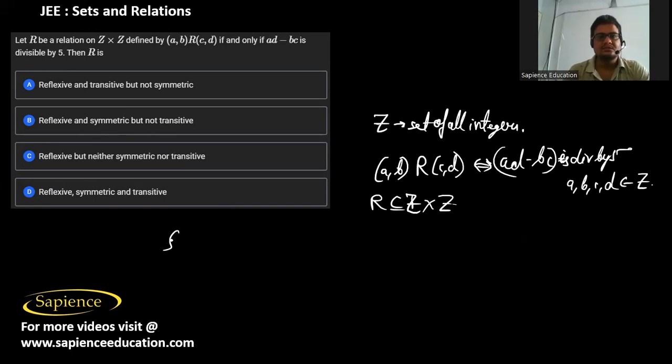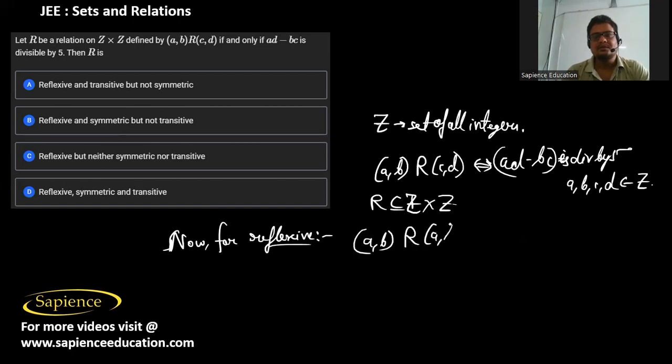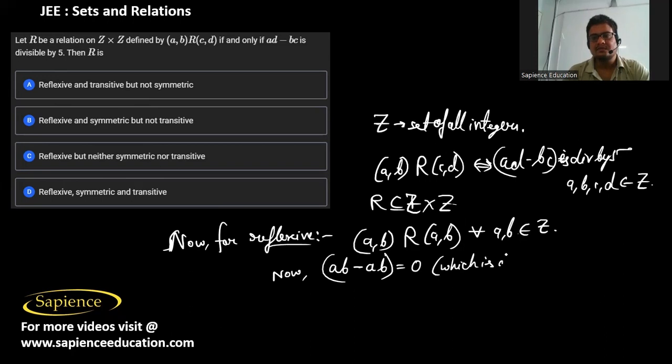So now, for reflexive we should have that (a, b) should be related to (a, b) for all (a, b) belonging to Z. So now ab minus ab is equal to 0, which is obviously divisible by 5. So it means that R is reflexive. R is a reflexive relation on the set Z.